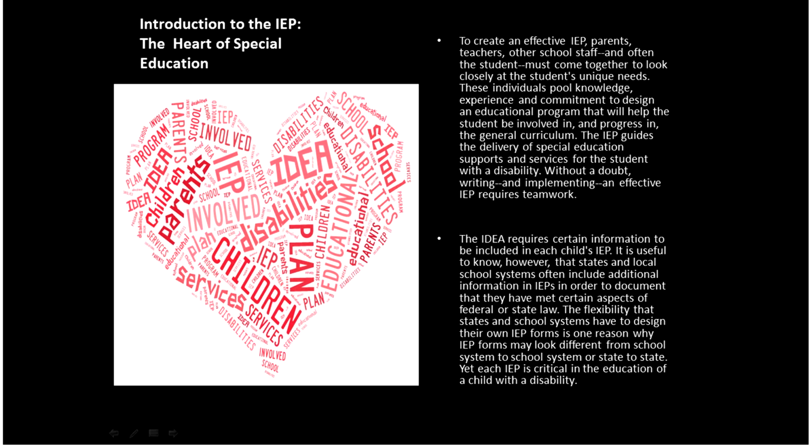So while every state may have a different look or order to their forms, they still have those federal requirements. It's important to look at the differences and be aware that not all the IEPs that you see will look exactly the same.